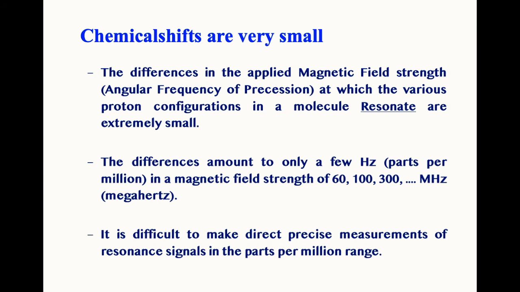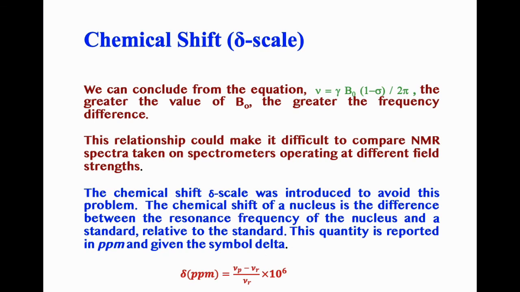In order to account for these two problems, the chemical shift scale has been introduced, and the chemical shift is generally measured in the delta scale, and this scale is very simple. As we have seen, the chemical shift keeps on increasing with respect to the applied field strength.